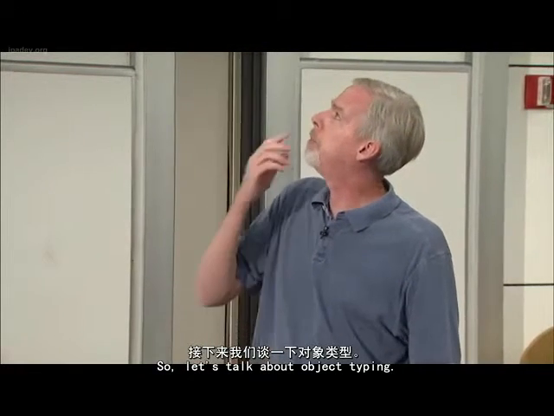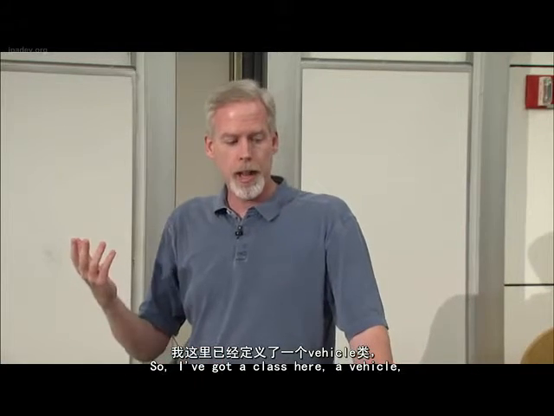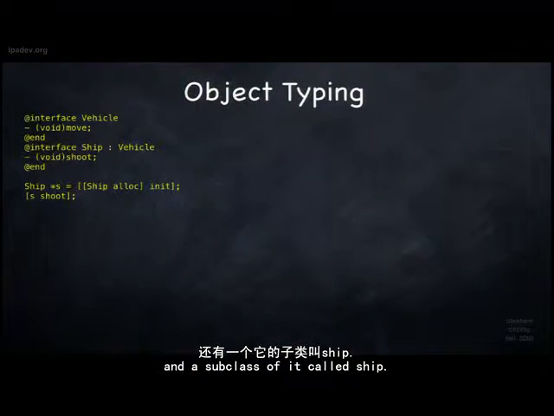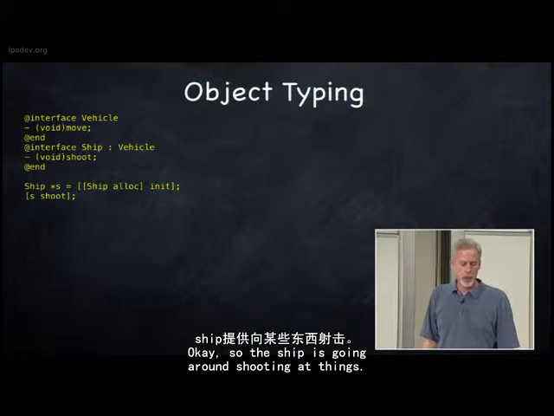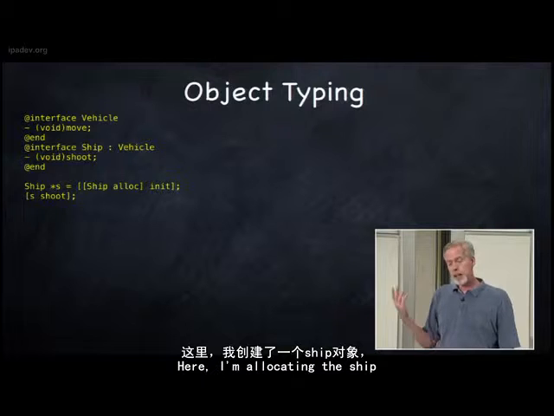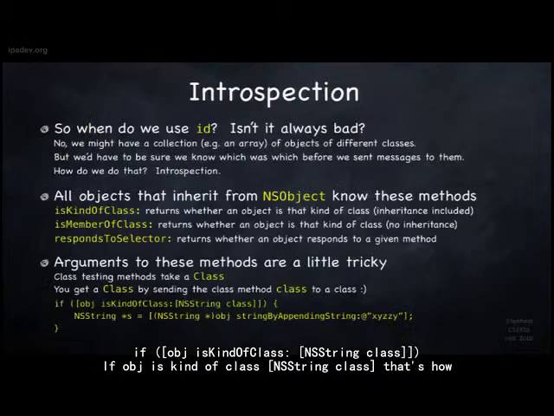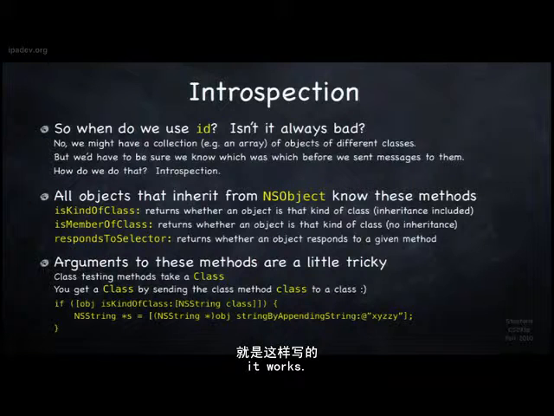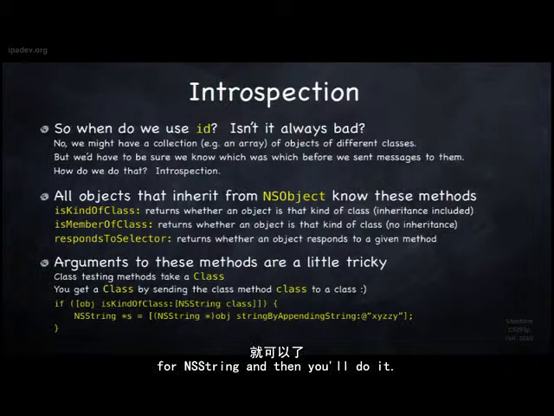So let's talk about object typing. I'm going to give you some examples here. I've got a class here, Vehicle, and a subclass of it called Ship. It only has one method called shoot. So this ship is going around shooting at things. Here I'm allocating the ship, and then I'm sending it the message [NSString class]. That's how it works. Just substitute whatever class you're testing for NSString.